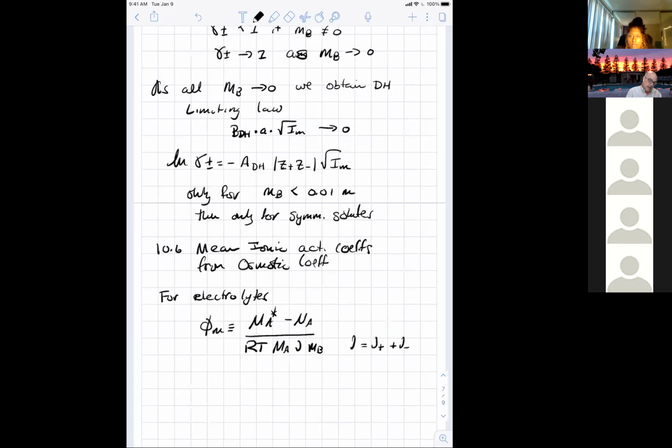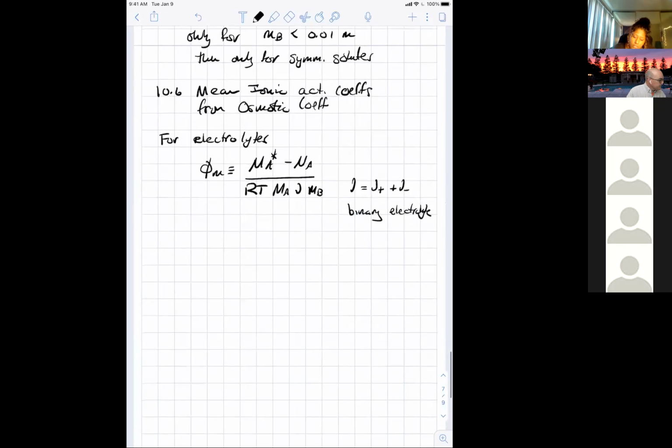Okay, this is now the example of a binary electrolyte. So what follows here is a pretty quick derivation to get to the end, because using this for electrolytes presents a kind of mathematical problem, which I'll talk about in a second or two. And again, the best way to be comfortable with this is to run through the derivation yourself.